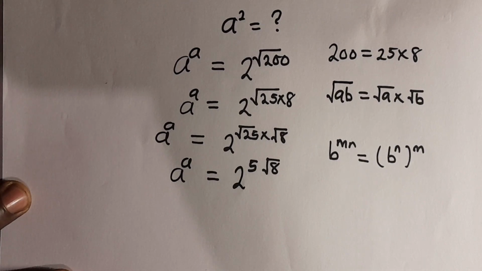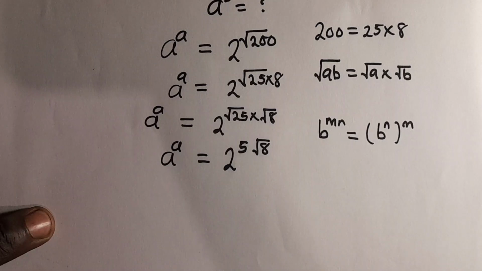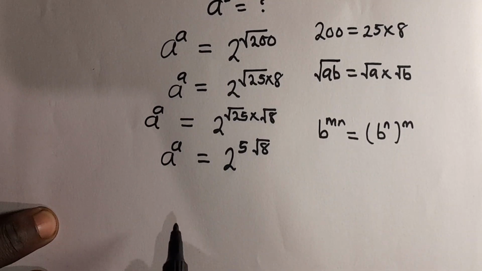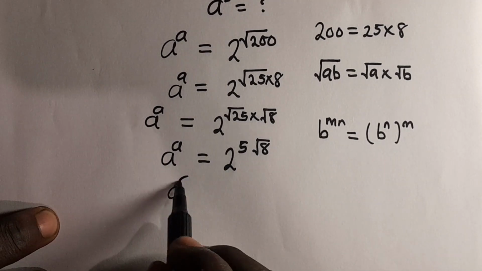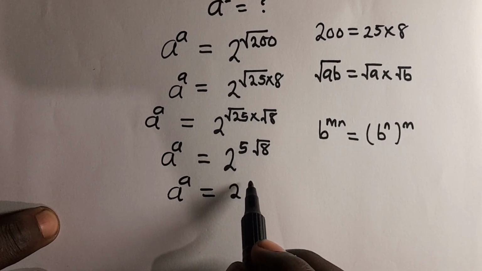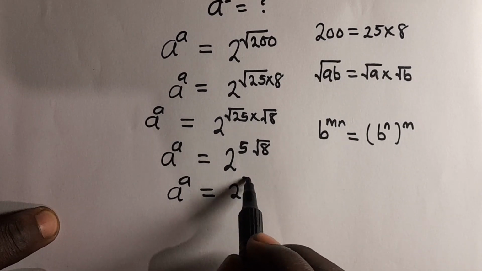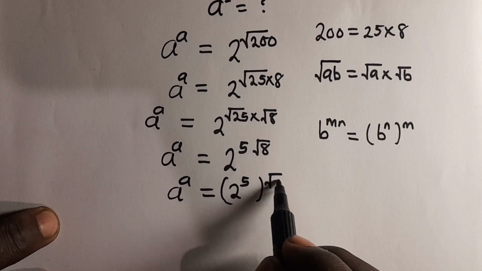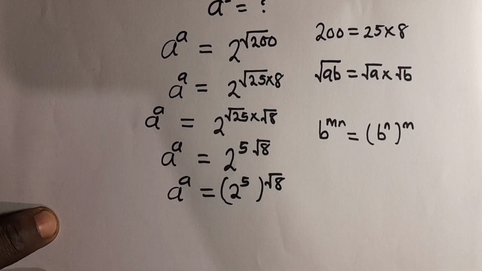So now let's apply this one here. That means we can have a raised to power a to be equals 2 raised to power 5 raised to power square root of 8.